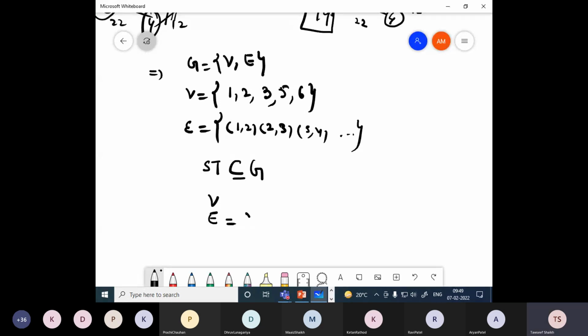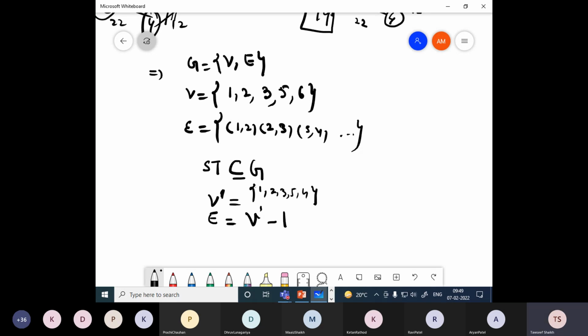The number of edges, if I denote it, is V' minus 1, because the total number of edges inside this spanning tree should be 1 less than the total number of vertices, where the vertices are again the vertices of this subgraph. So the only thing which changes in the spanning tree is the number of edges.